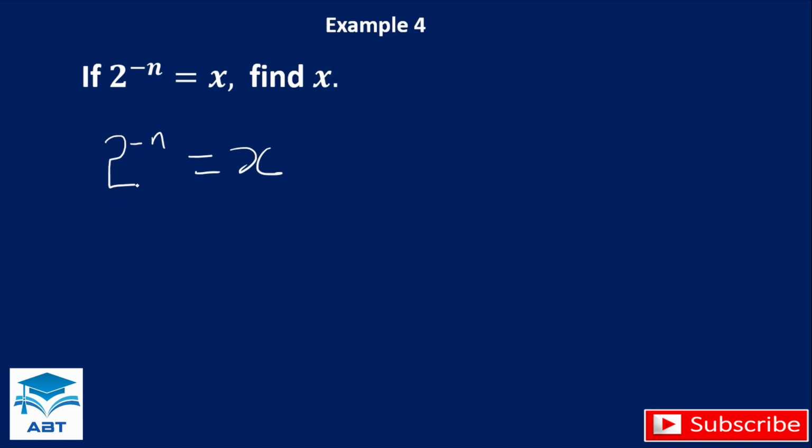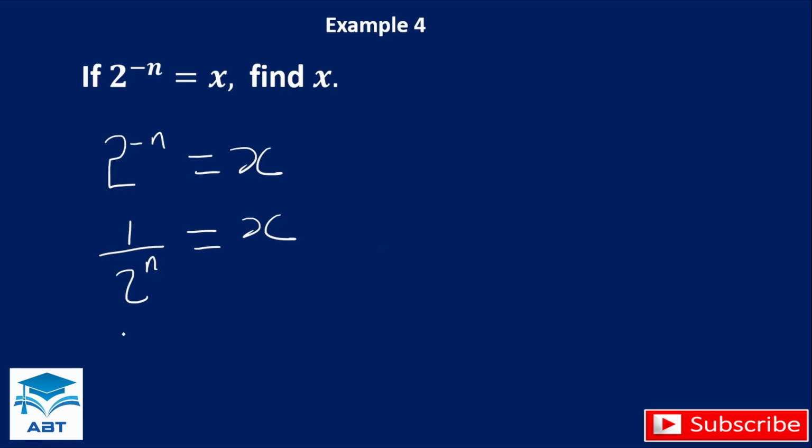And according to the negative exponent rule, we can find a reciprocal, that is 1 over 2 exponent n. That is, the negative will vanish from the exponent when we take the reciprocal. And this is equal to x.